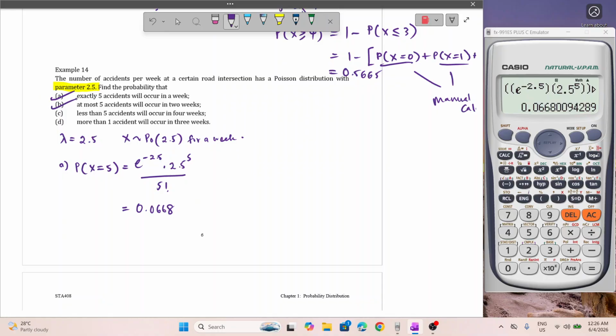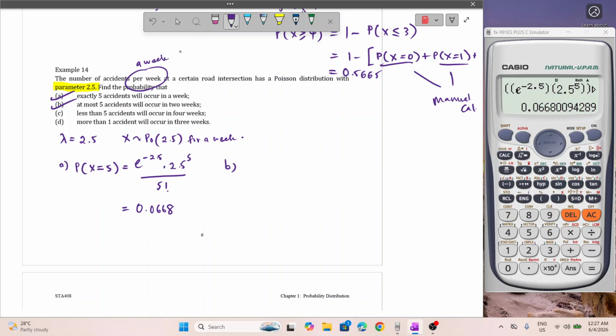Now let's go to the next question, B. At most, 5 accidents will occur in 2 weeks. When answering this kind of problem, you need to be very careful with the time, because the parameter or lambda given, 2.5, is for 1 week only.